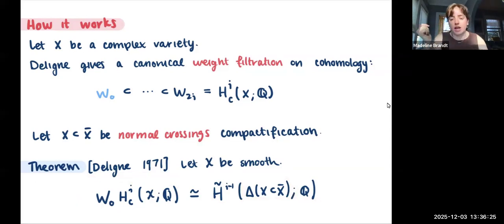That is what we were doing a few slides ago, where you write down a simplicial complex that records the combinatorics of how the boundary strata intersect each other. So I think the take-home message of this theorem is: if I want to compute a piece of the cohomology, and this isn't going to give me everything, but it'll give me something, then it's good enough to look at this tropical space.